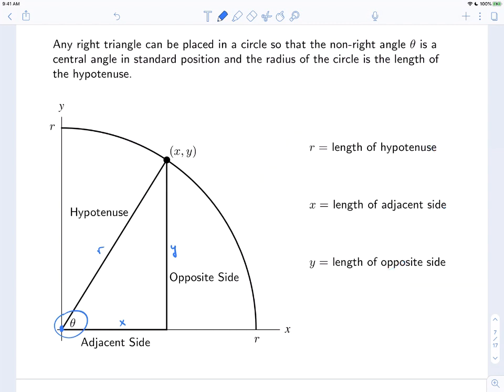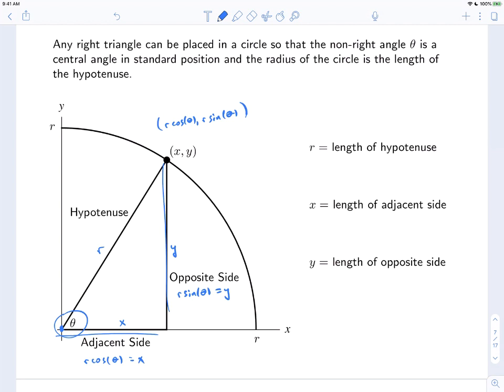So remember that we saw that if you had a circle of radius r and a central angle measuring theta, then these coordinates x comma y were r times cosine of theta comma r times sine of theta. So x, which is the length of the adjacent side, is r cosine of theta, and that was equal to x. And the opposite side, that's equal to y, which is r sine of theta, so that's equal to y.